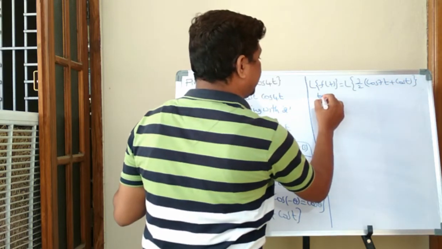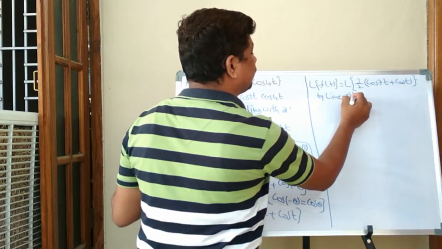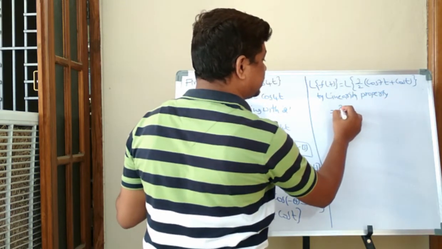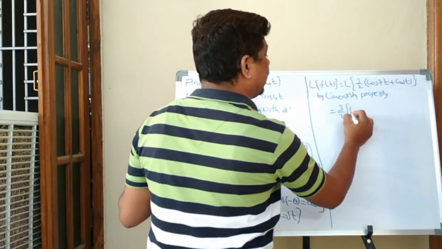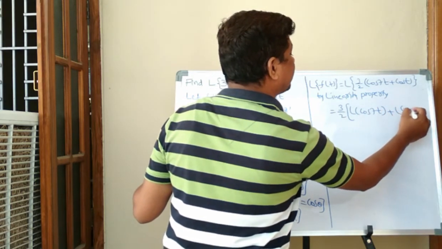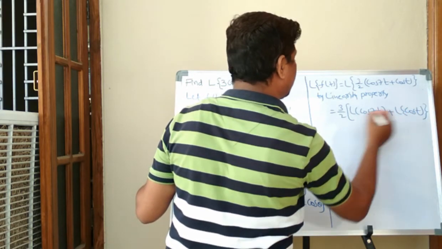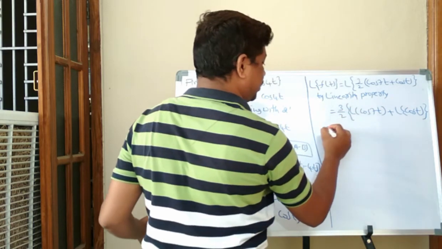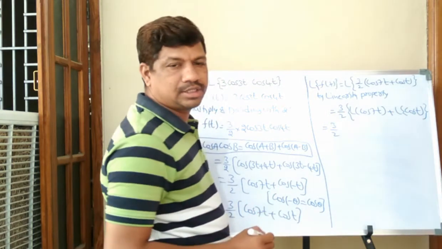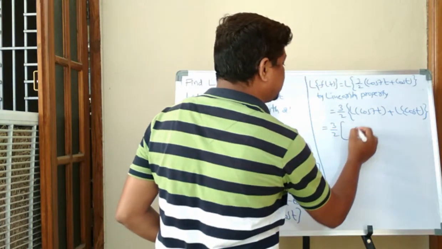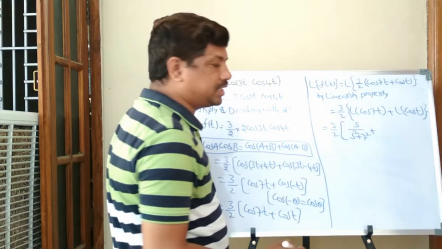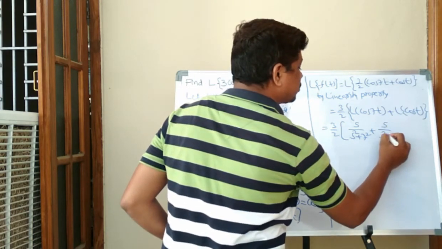Now, by the linearity property, this is 3 by 2 of Laplace of cos 7t plus Laplace of cos t. So now it will be equal to 3 by 2. This is cos 7t, that is cos at, which is s by s square plus a square. That means s by s square plus 7 square, plus again cos t means cos at with a equal to 1, so s by s square plus 1 square.